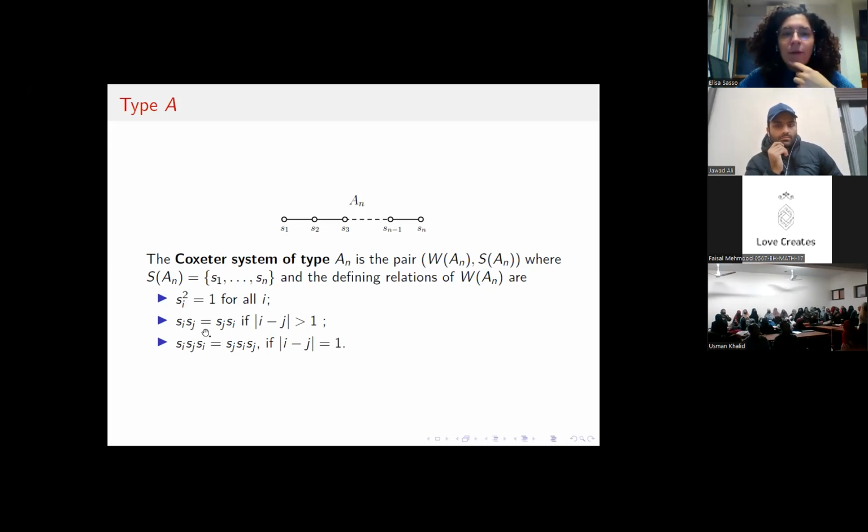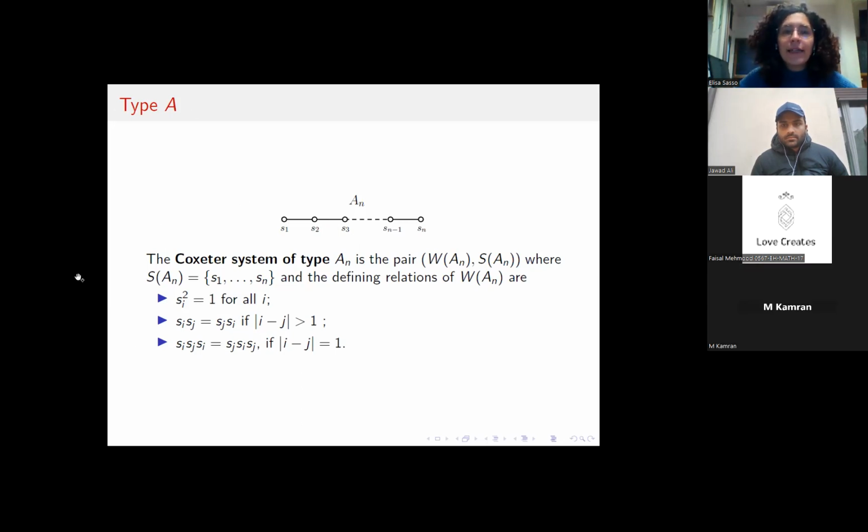In particular, they commute if their indexes are not adjacent. It means that in the graph, they commute if the nodes are not adjacent. On the other side, they have the braid relation, which is Si Sj Si is equal to the reverse indexes, so Sj Si Sj, if the indexes are adjacent, that is, if they are 2 nodes adjacent in the graph. And this is the type A Coxeter system.